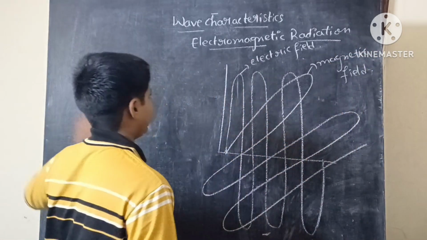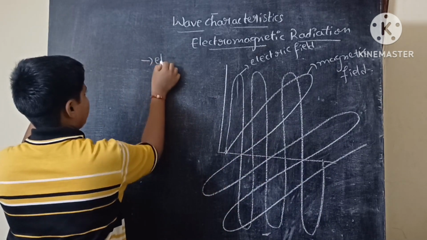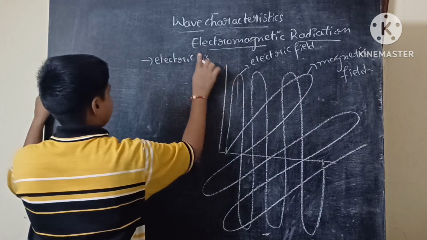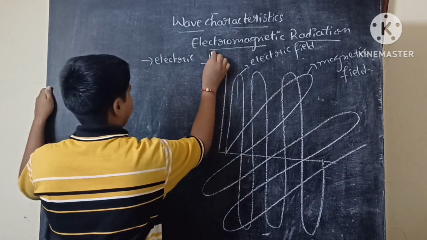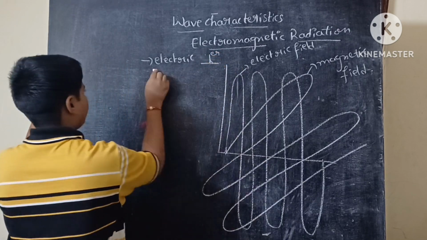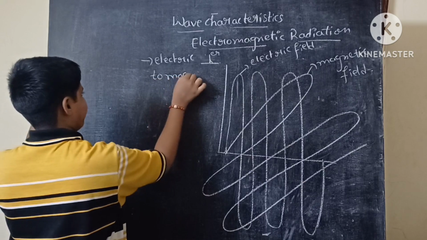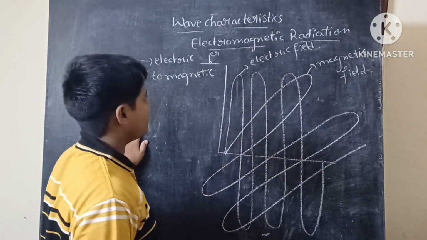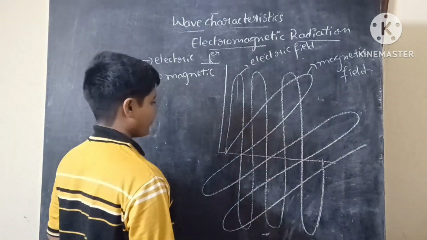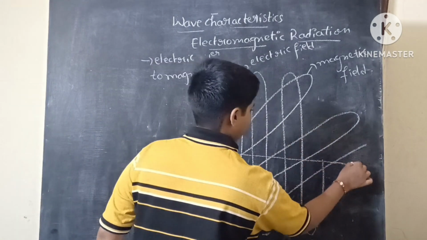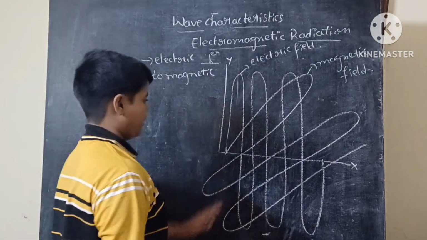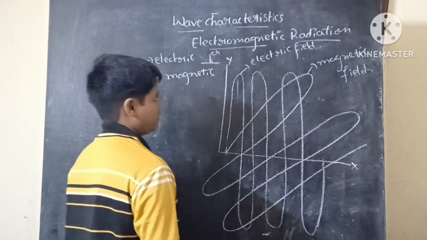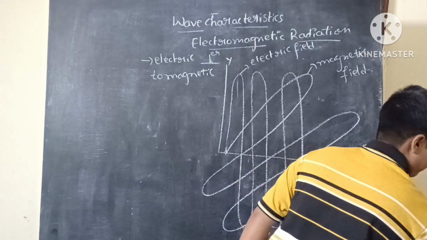Very important point: the electric field is perpendicular to the magnetic field. So this is electromagnetic radiation. If I take this as the x-axis and y-axis, it is present like this.